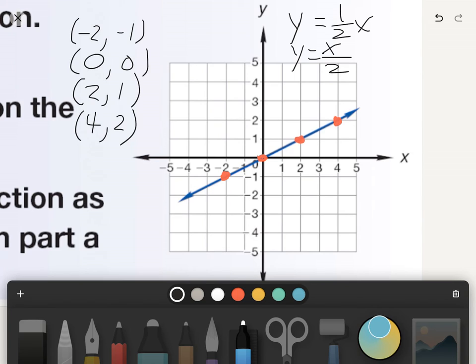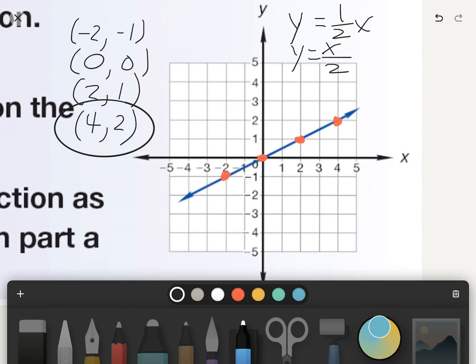I'll bring my cable. So basically your y coordinate is always 1/2 of your x coordinate. So you could multiply your x value. Let's look at the 4 and 2.